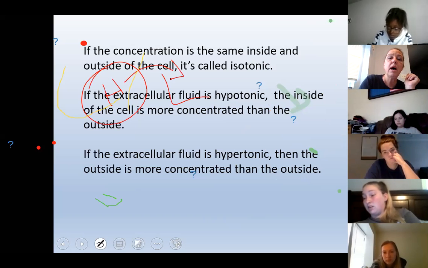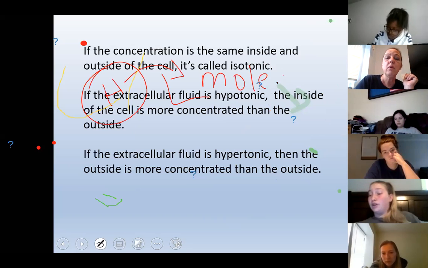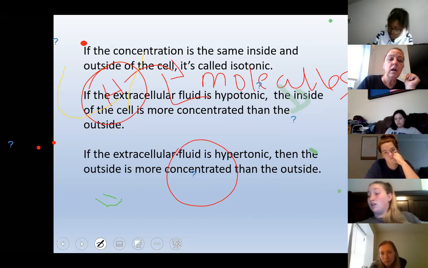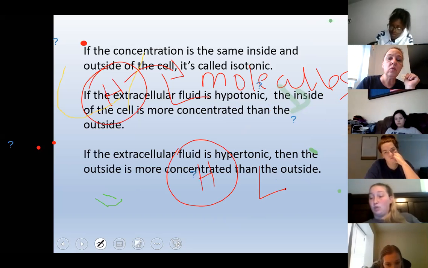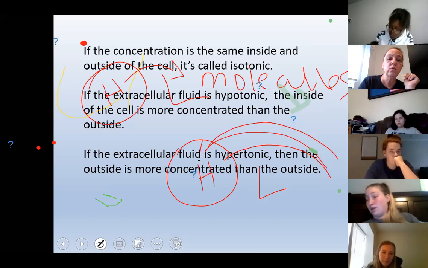I'm moving from higher to lower, but that is the movement of molecules. Here, I am moving fluid. Now I have high and low. I need to get these equal. So now my fluid has to move in this direction. This is fluid.